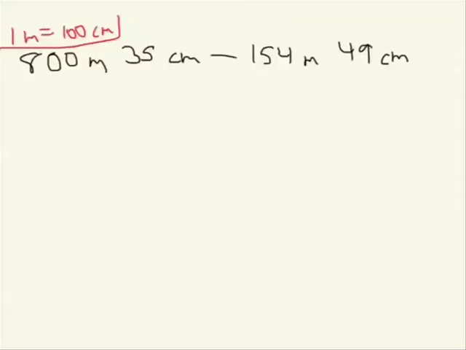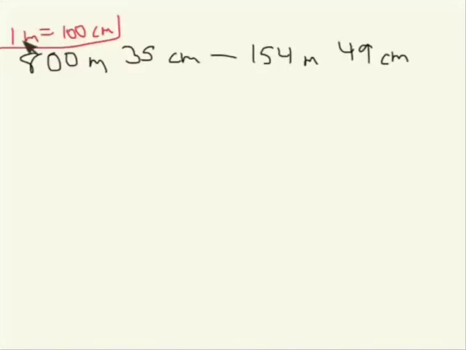Before you go, I want to show you one more way that you could solve this last problem we did together. First, what we did was we subtracted and then changed the meters into centimeters. I like to solve it this time by turning the meters into centimeters first and see how that goes. So I'm going to start with my 800 meters. Keeping in mind, again, that 1 meter is 100 times more when you're turning it into centimeters.